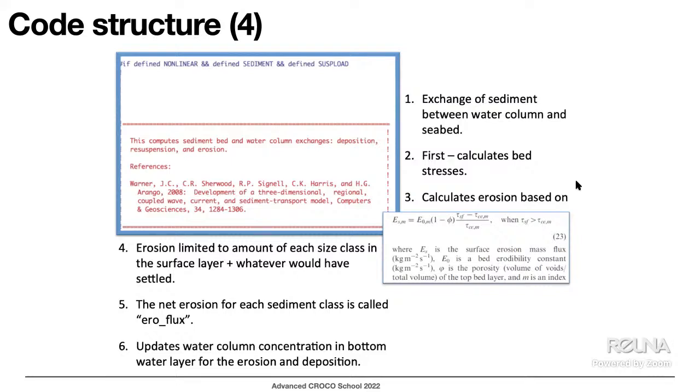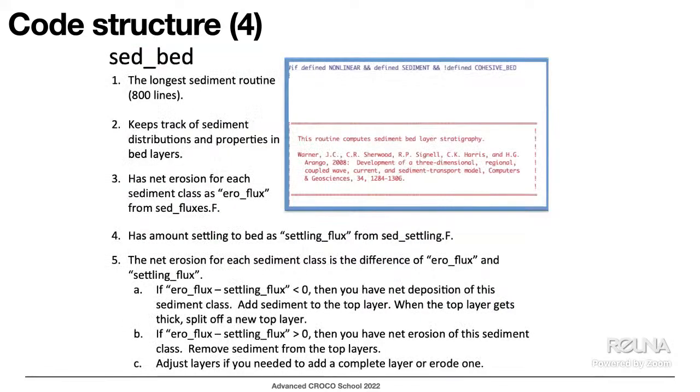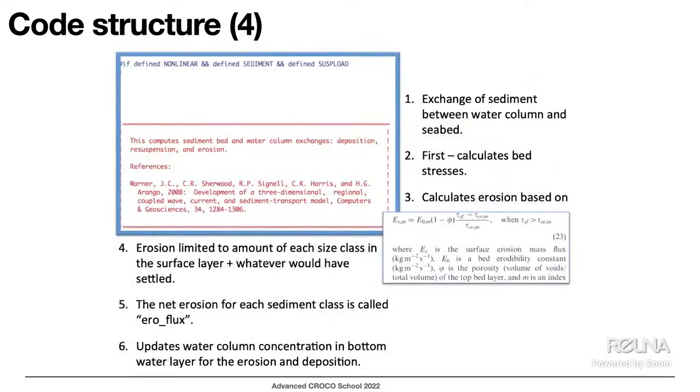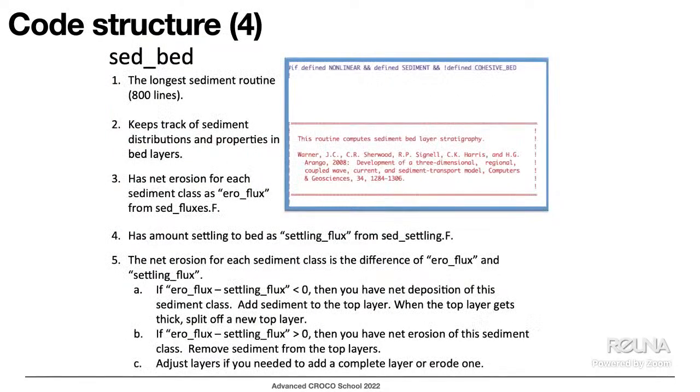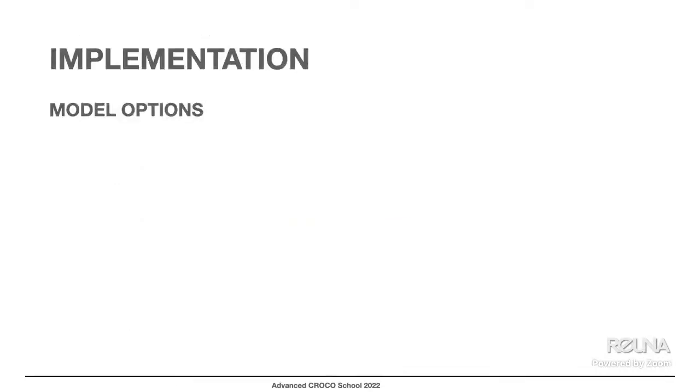We have the bed stresses, the shear stress, and we compute some erosion based on this shear stress, when this stress is above the critical stress for the sediment, and we inject sediment in the water column at the last level of the model. And then in set bed, we update the different sediment layers. I won't go into the detail for this one.